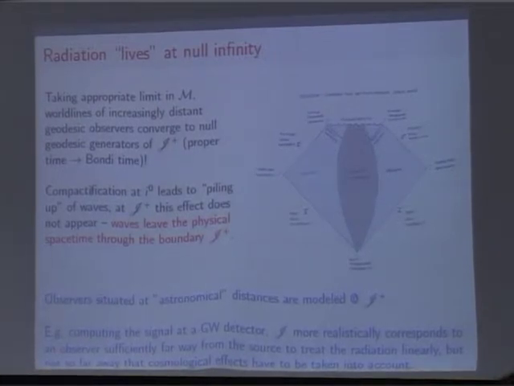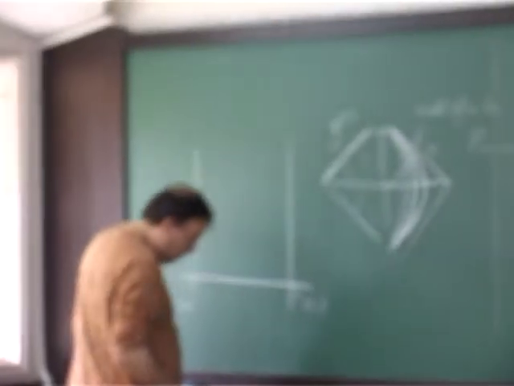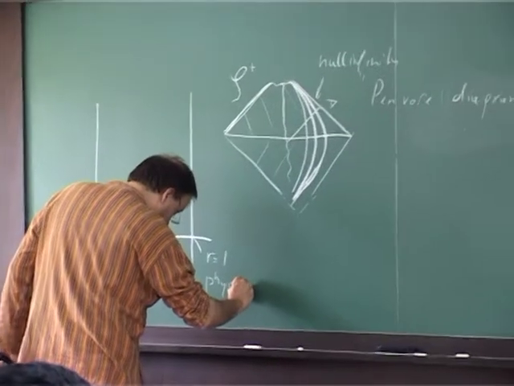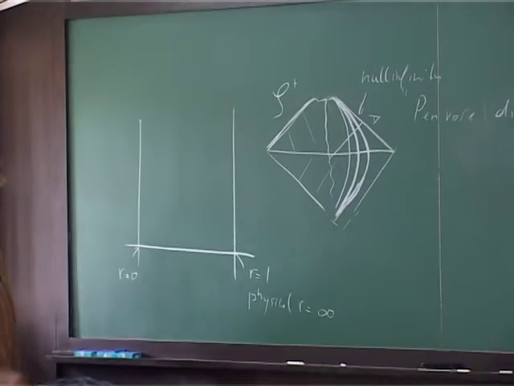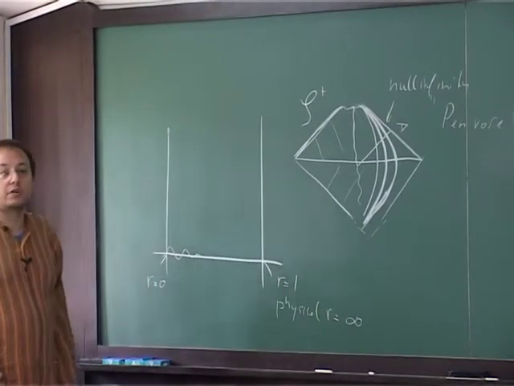If we have some wave signal, let's do that here. So now we have chosen a grid where here we have r equal to 0, and here we have r equal to 1, but actually this corresponds to physical r equal to infinity. Okay? And now we start with some wave signal which travels outward.